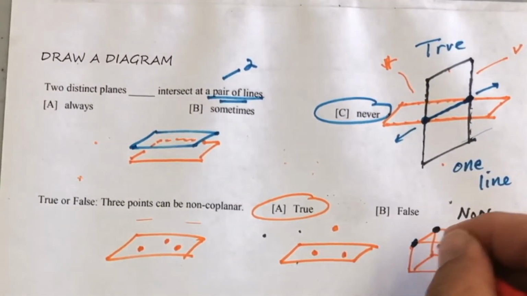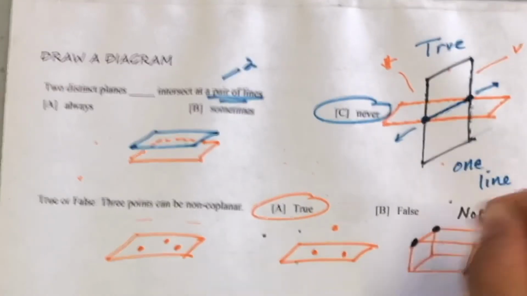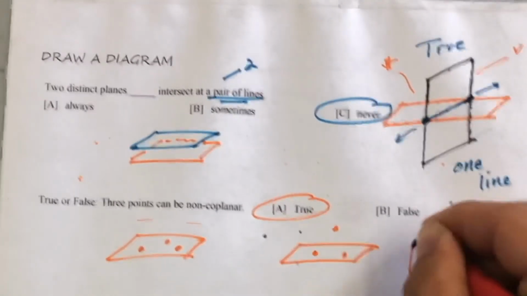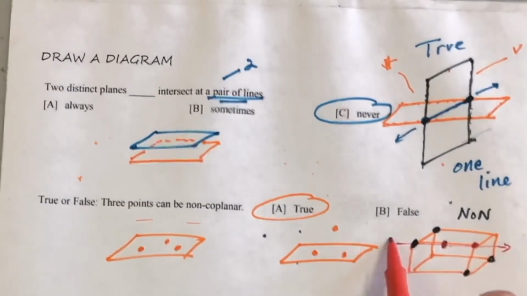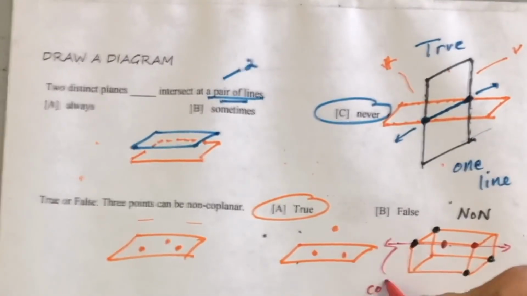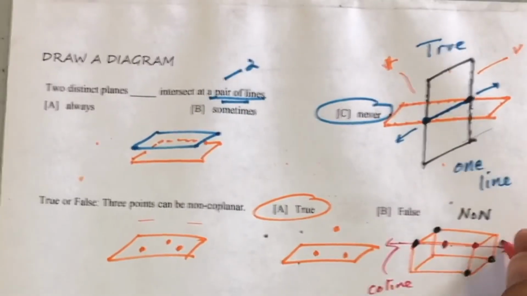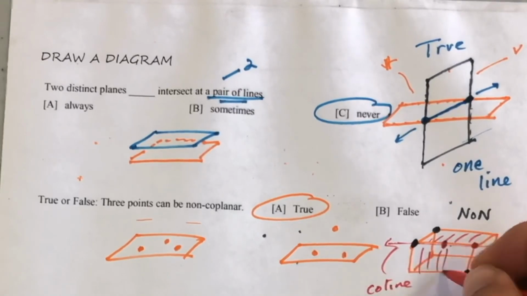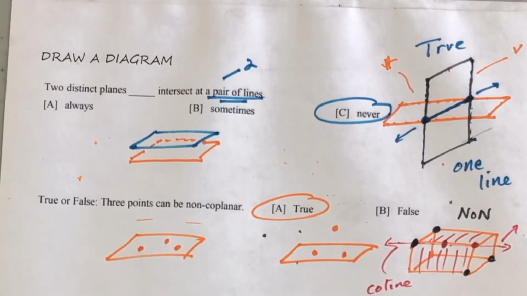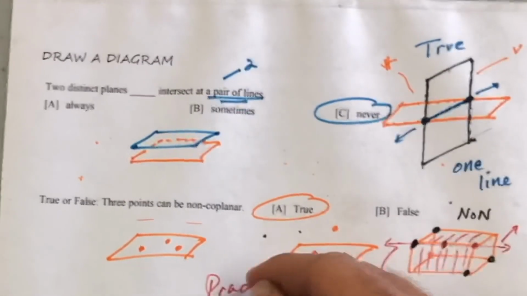And I'll show you a cool example of, let's say, 1, 2, 3 points here. These 3 points are actually collinear, and coplanar. They're actually part of 2 planes, but they are in fact coplanar. And all this stuff is just going to take some practice and hard work.